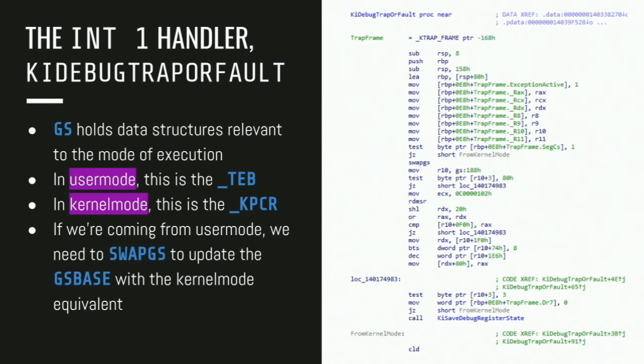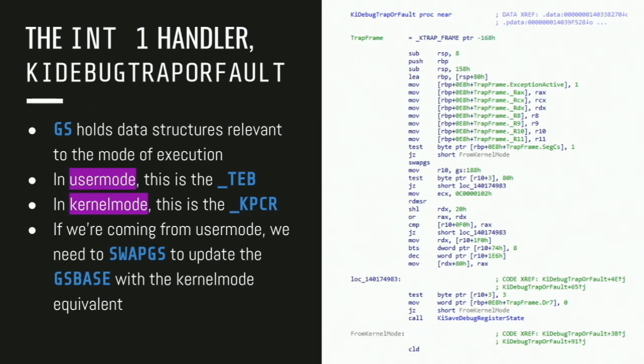In user mode, your GS base is your thread environment block. If you've done any Windows programming, you know that to be true for 64-bit Windows. And in kernel mode, it's not the thread environment block, it's your processor control region. It's whatever you're executing under. So if you've entered this interrupt handler from user mode, you actually need to swap to a kernel GS, right?